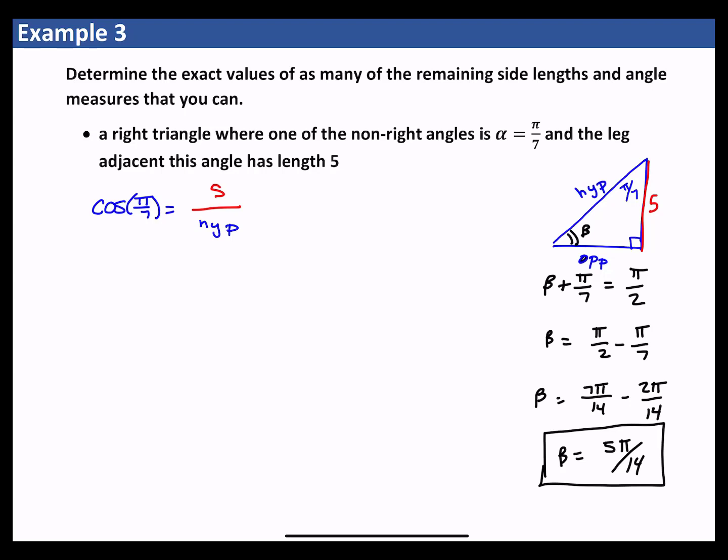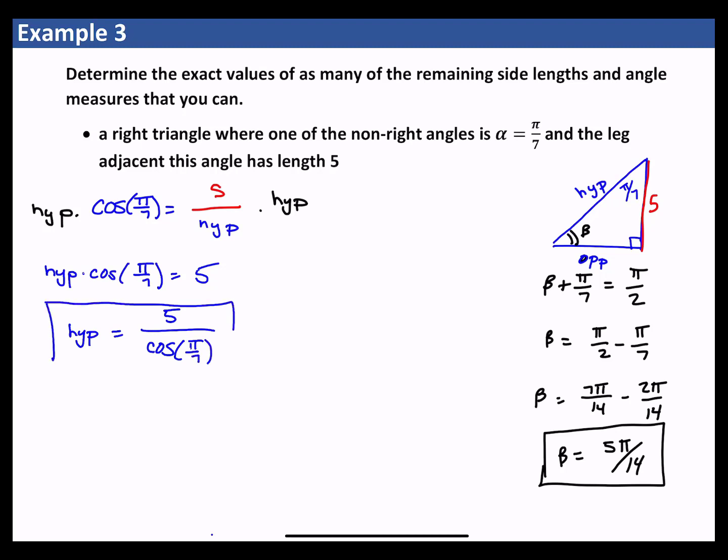And we're trying to solve for the hypotenuse, but it's in the denominator, so we're going to actually multiply both sides by the hypotenuse to get that out of the denominator. So we'll have the hypotenuse times the cosine of pi over 7 equals 5. And since we're trying to get the hypotenuse alone, we will divide both sides by the cosine of pi over 7.